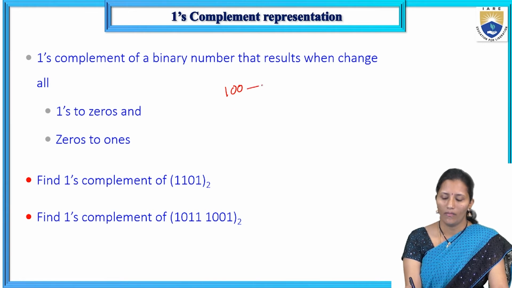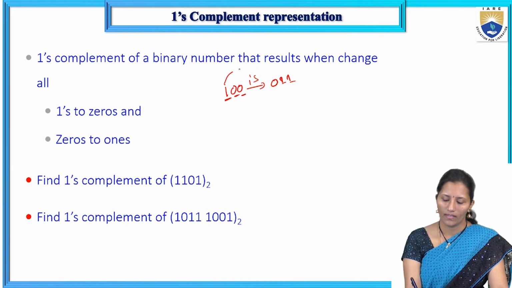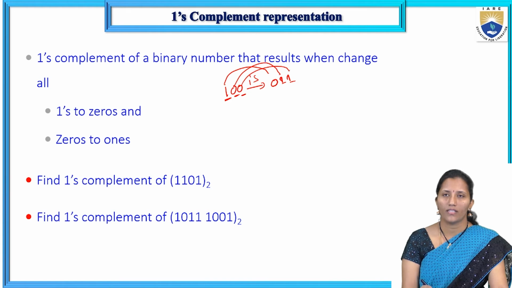So what is the 1's complement of 1 0 0? This 1 will become 0, 0 will become 1, and this 0 will become 1. It is just the complement of each digit. So 1 0 0 becomes 0 1 1. Okay, so this is 1's complement.